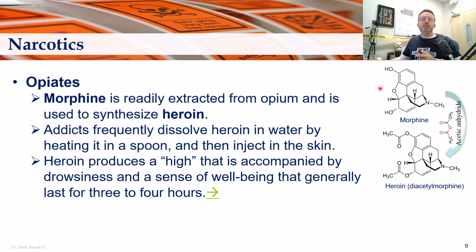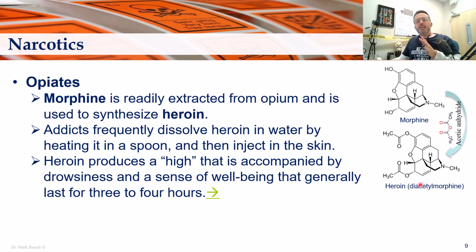Morphine is the source of a very potent and dangerous drug, heroin. And heroin is essentially a semi-synthetic opiate, which in its pure chemical form is called diacetyl morphine. It was invented by Charles Romley Alder Wright, an English chemist, back in 1874.